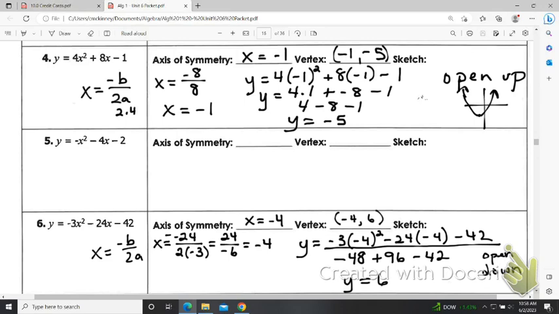So on the next page, as far as the homework assignment, what I would like you to do is just fill in things from the notes. So do number 1 through 5, and then just 6 through 9, only find the axis of symmetry and the vertex.